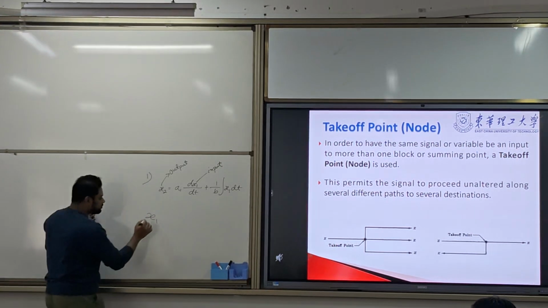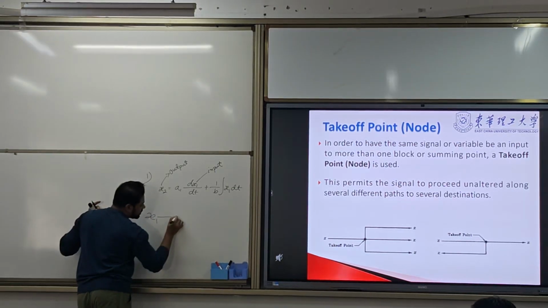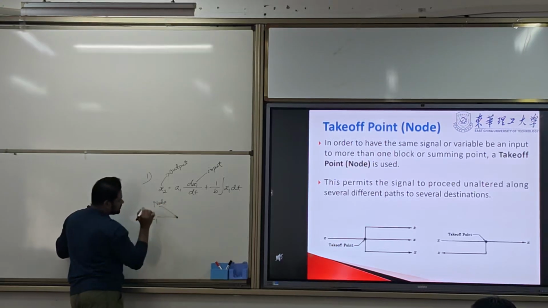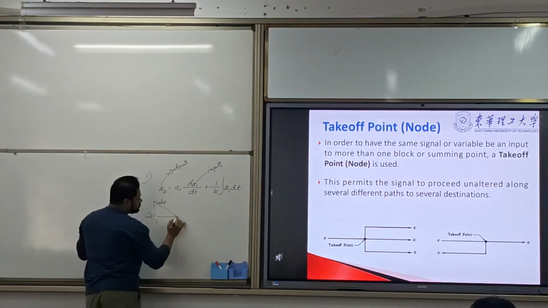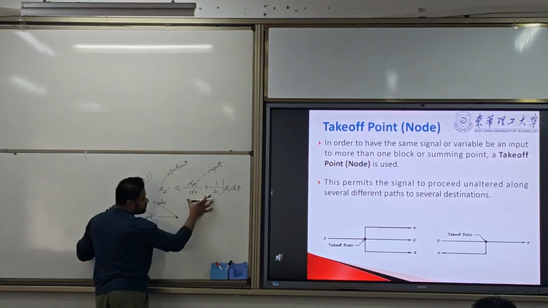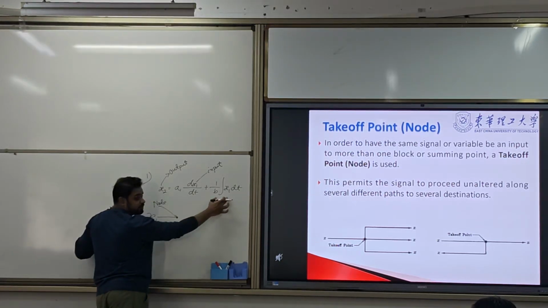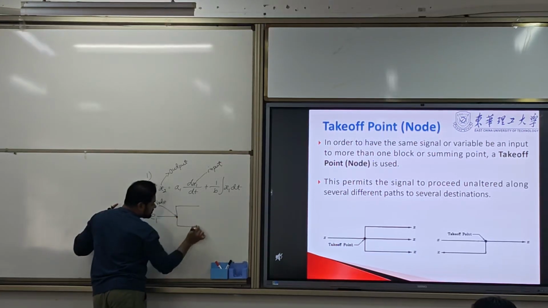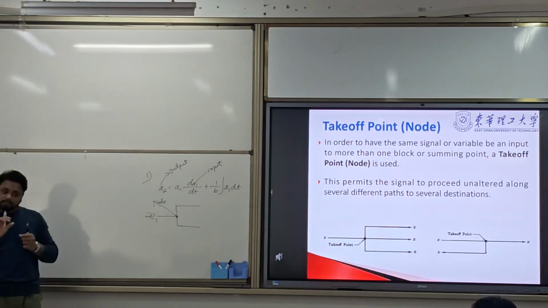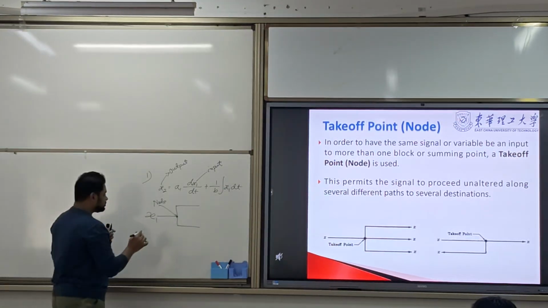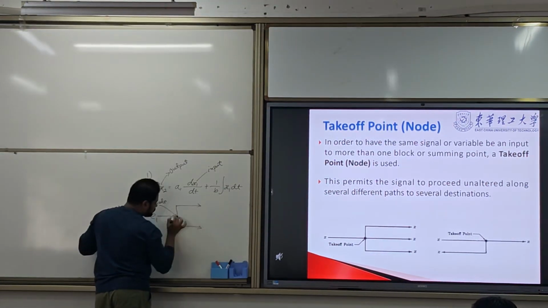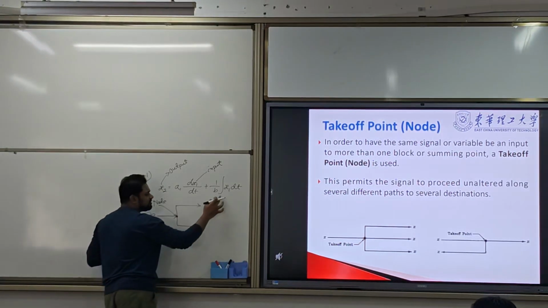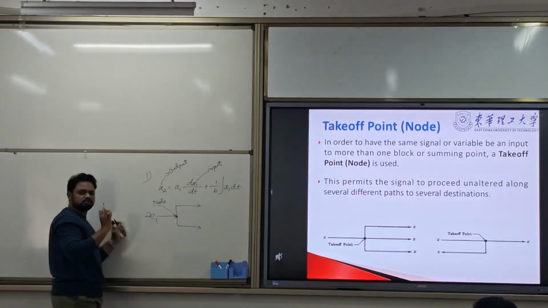This x1 will go through a node, and it goes in two directions because there are two separate, different mathematical operations.